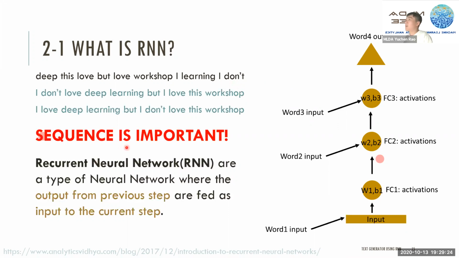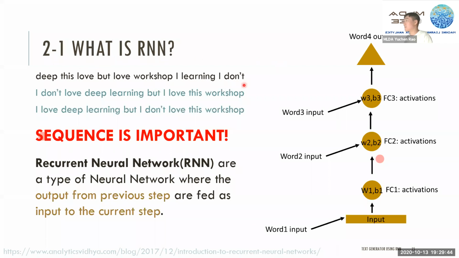Recurrent neural networks are a type of neural network where the output from the previous step is fed as input to the current step. For example, this input is a vertical representation of our sentence.